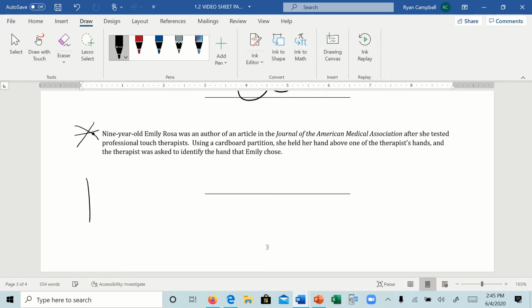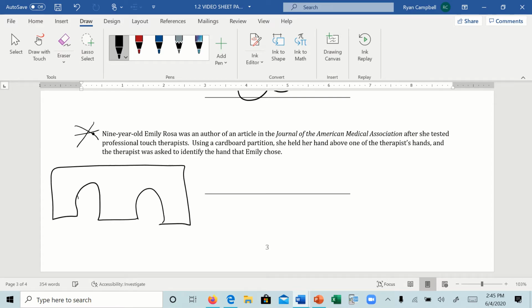So basically what would happen is that there was a cardboard partition. So this is from the perspective of Emily Rosa. So the touch therapist would have their hands, well, you know, if I could draw, but I can't, so.